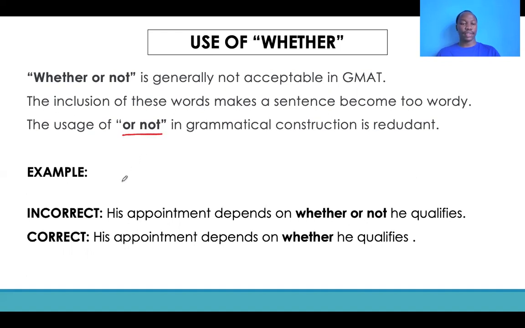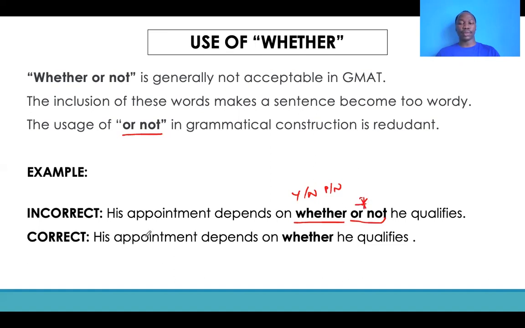All right. So, for example, his appointment depends on whether or not he qualifies. This is wrong because whether itself gives us the two possibilities, yes or no, the positive or the negative. So inclusion of or not creates a form of redundancy, right?